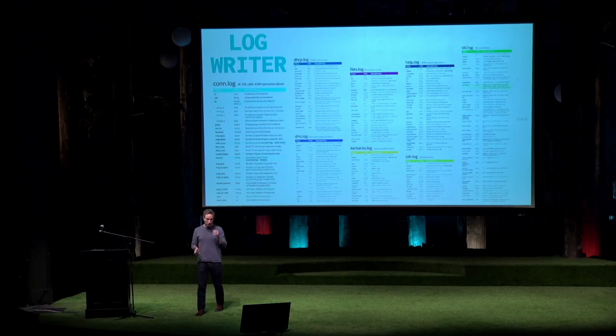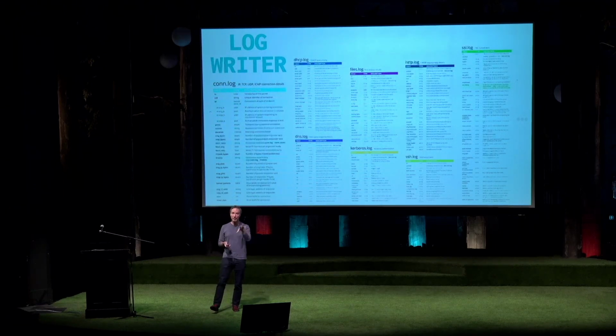You get about 60 of those. You can think of those as a combination of protocol-specific logging and related concepts that you find useful. For example, there's a files.log for all files that Zeek was able to recognize in the protocols that it can parse. There are logs about strange things happening in the network traffic that don't look quite right, and so forth.